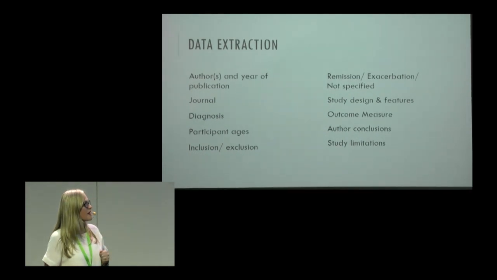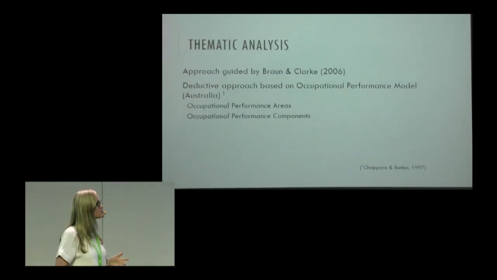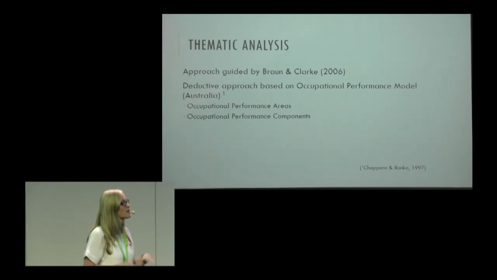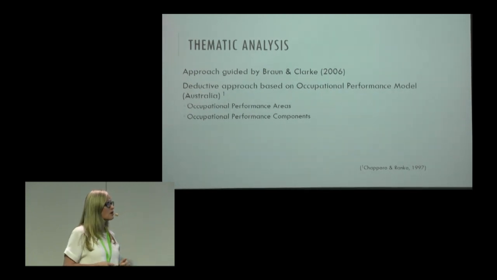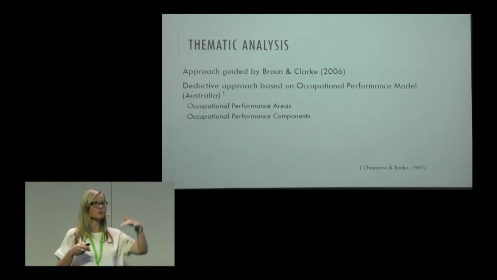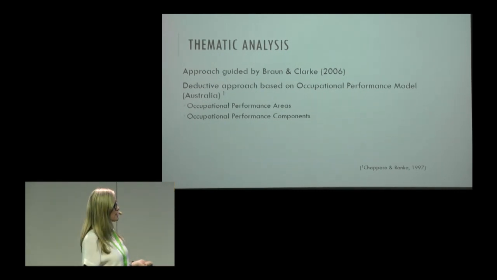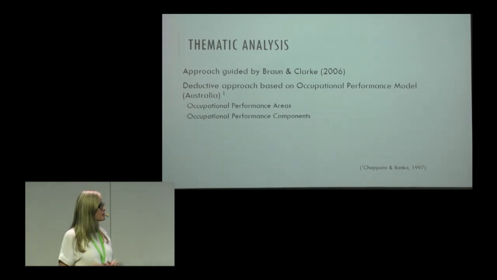One of the other authors and I then went through a data extraction process where we extracted some key information from each of the articles. And then we undertook a thematic analysis to sort of look at the themes that were coming out. I used the Occupational Performance Model Australia, which was the model that I actually showed you at the very beginning to explain what occupational therapy is, to guide my initial coding of the information.